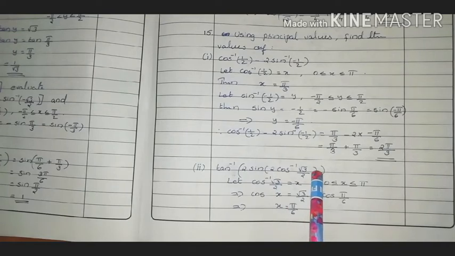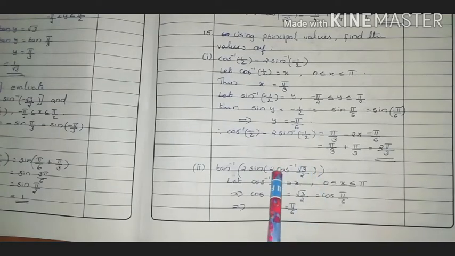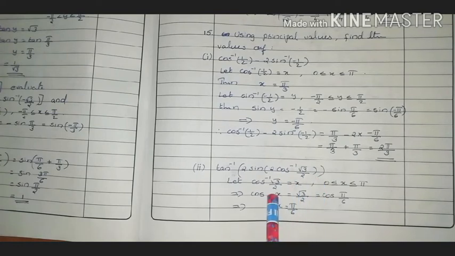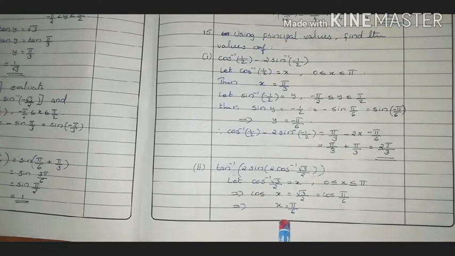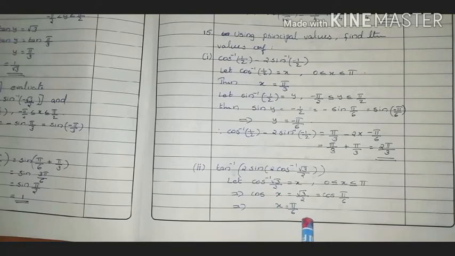We can consider cos inverse root 3 by 2 is equal to x. Using the principal values, find the corresponding principal value. Cos inverse root 3 by 2 is pi by 6.